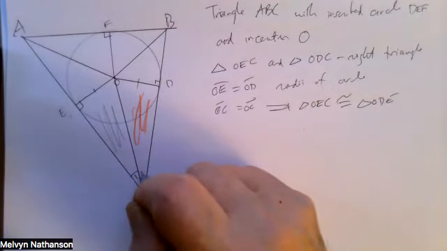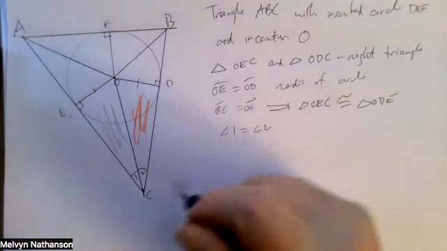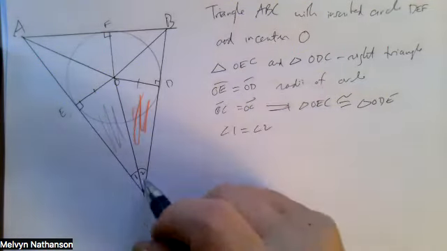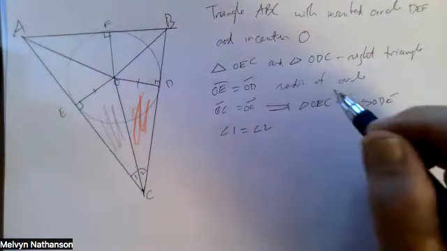So if I call this angle 1 and this angle 2, angle 1 equals angle 2, because these are corresponding angles of congruent triangles.